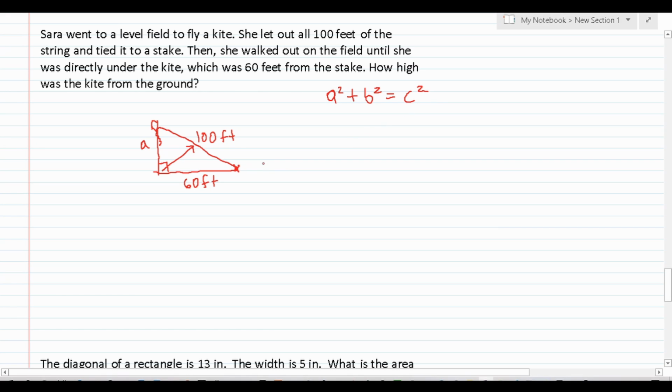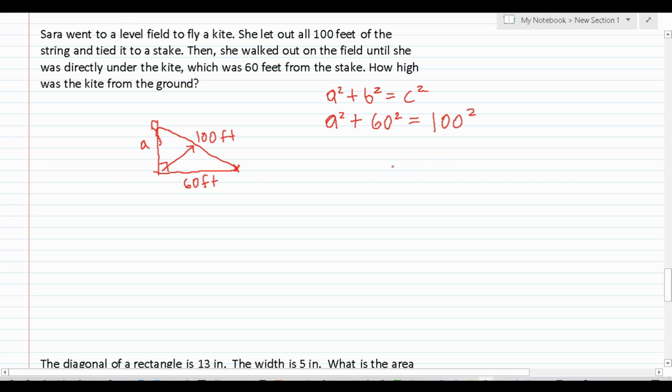We've identified our legs in this right triangle as well as the hypotenuse, so let's plug those in accordingly. We're trying to solve for A, so that's A squared. B is the other leg, so plus 60 squared equals C squared, the hypotenuse, which is 100 squared.